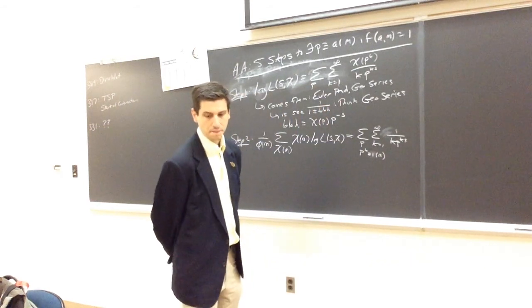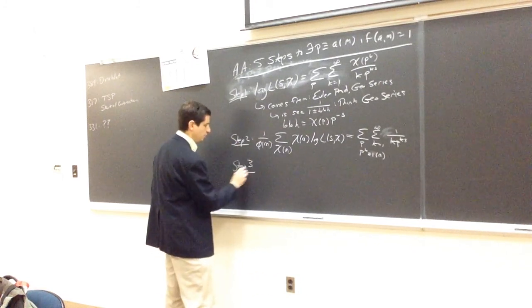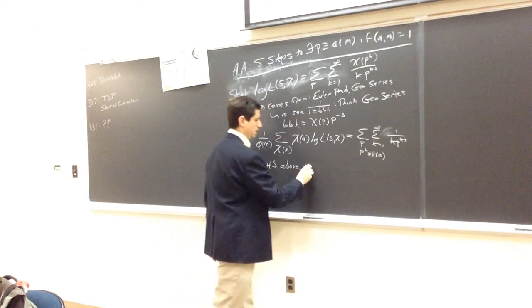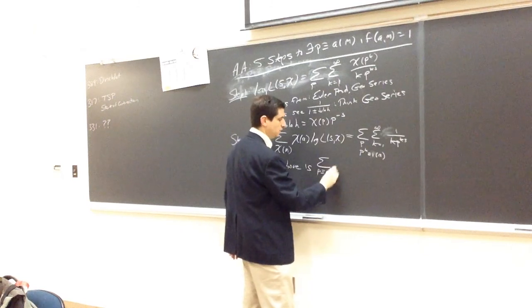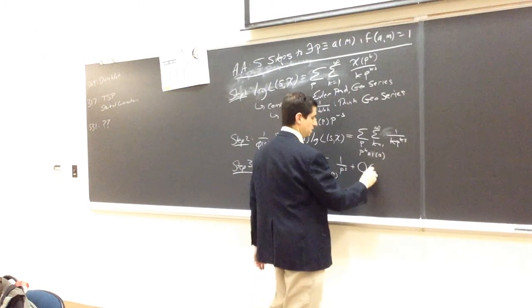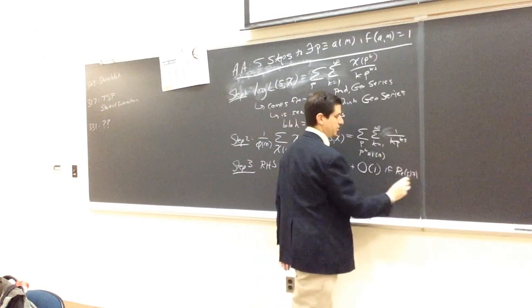So step 3. If we look at the right-hand side above, it is the sum over p congruent to a mod m of 1 over p to the s, plus big O of 1 if the real part of s is greater than or equal to 1.